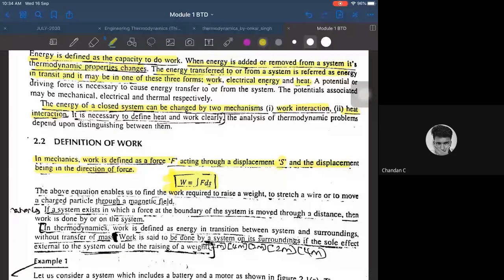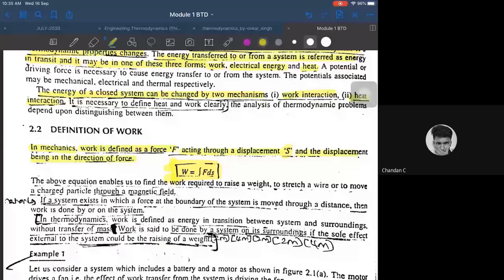Okay. Take the heading, the definition of work: thermodynamic definition of work. And you can take this particular thing, which we'll be highlighting now. In thermodynamics, work is defined as energy in transition between system and surroundings without mass transfer.